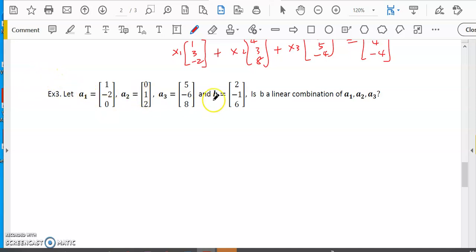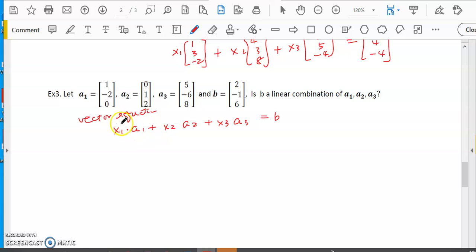Looking at if someone tells us that there is a resulting vector b = (2, -1, 6), and I have three vectors that I can use for a linear combination, can I somehow combine them in a certain way to get b? Namely, I would have a vector equation: x1 times a1 plus x2 times a2 plus x3 times a3 is equal to b.